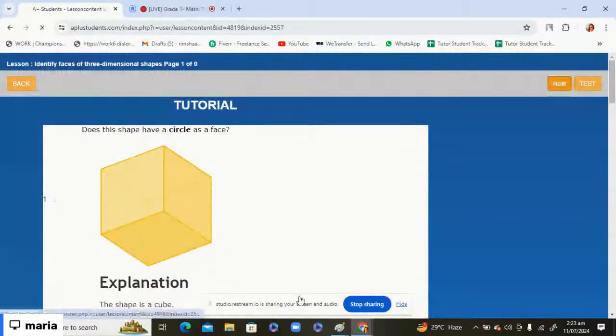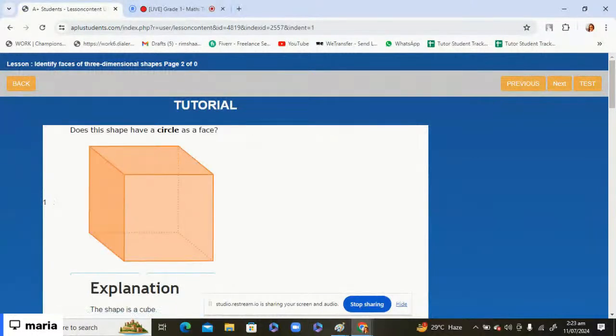Let's do the next. Okay, now you guys tell me, does the shape have a circle as a face? Check it out, the shape, and then tell me, is there any circle in it, or is there basically a square in it, or a triangle in it? So what is it? Tell me. Is it a shape of a circle?